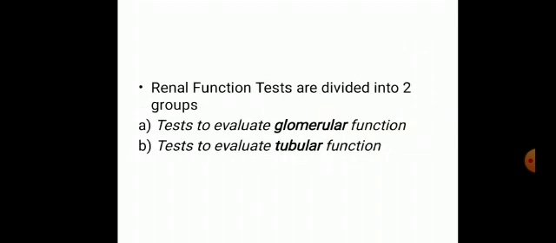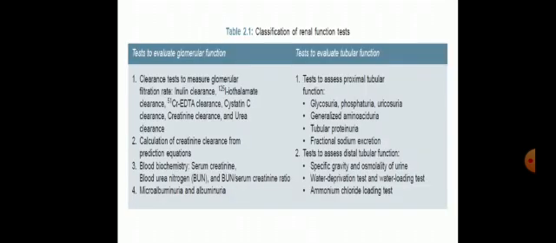The renal function tests are divided into mainly two groups. One is the test to evaluate glomerular function, and the second one is the test to evaluate tubular function. So here is the classification of renal function test. Tests to evaluate glomerular function will include clearance tests mainly to measure the glomerular filtration rate via inulin clearance, iothalamate clearance, EDTA clearance, and a newer addition, that is cystatin C clearance, and the classical ones are creatinine clearance and urea clearance.